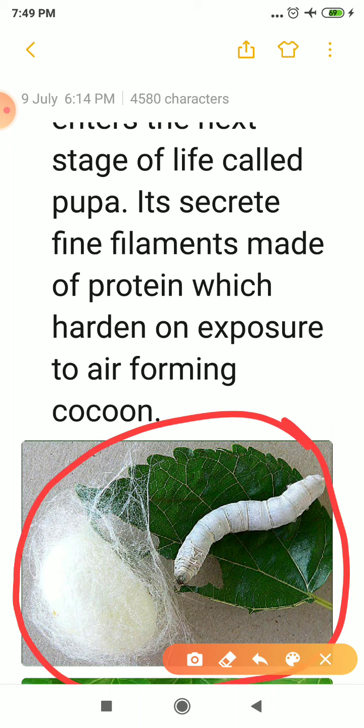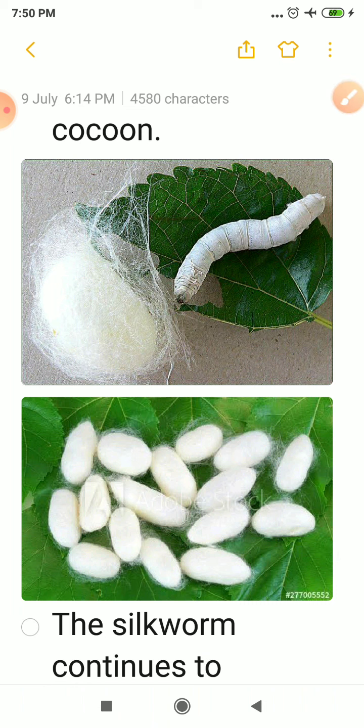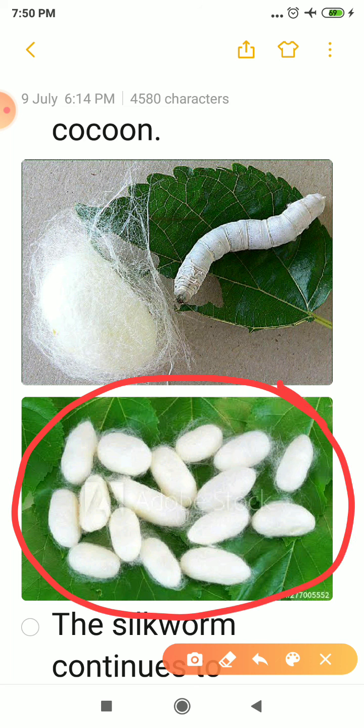When this caterpillar is ready, it secretes fine filaments, that is fine thread made of protein, which hardens when it is exposed to air. See here, these are all cocoons.